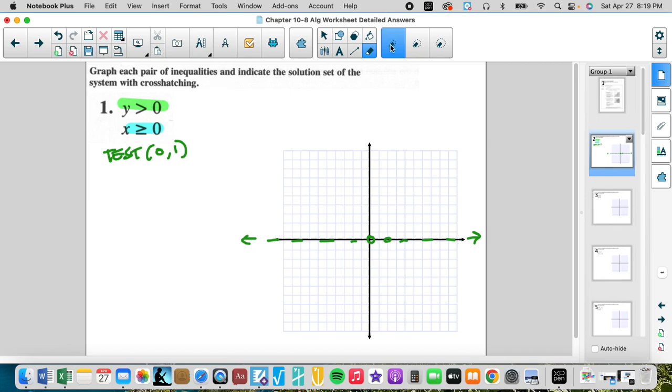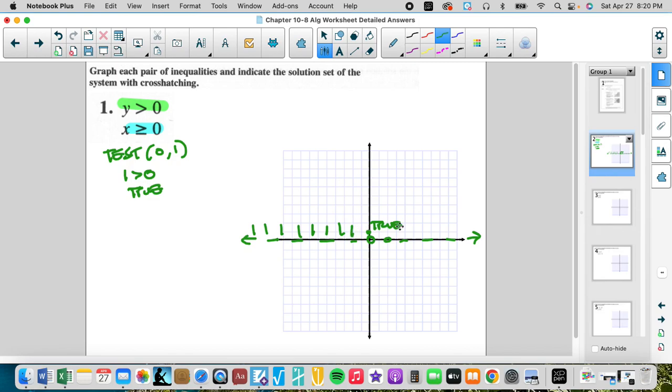Well, we'll try it. So we're going to test it. We have 1 is greater than 0. That is true, so this point is true. Now I'm not going to extend it all the way out. What I call these little teeny hairs at least tells me this side of the green equation is what we're going to shade.